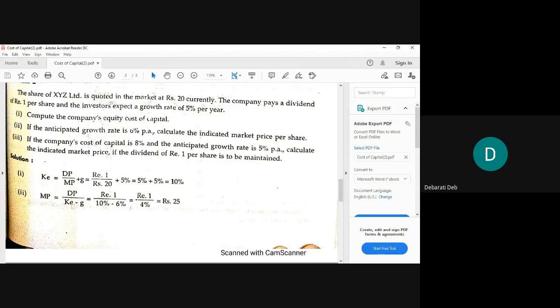That will be equals to 1 by 0.04. 1 by 0.04 is equals to 25. So your new market price per share is 25.